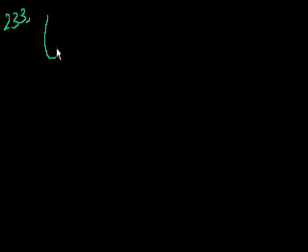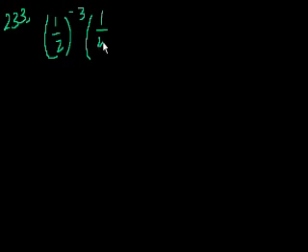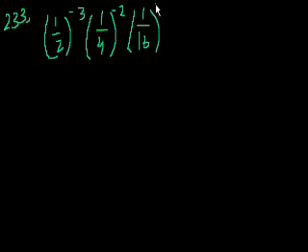All right, they have 1/2 to the minus 3 power times 1/4 to the minus 2 power times 1/16 to the minus 1. The first thing I do when I see negative exponents, just so they don't confuse me, is that I just invert all of the numbers. So this is the same thing as 2 to the 3rd power, right?